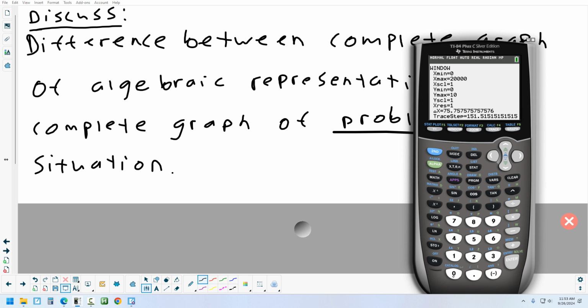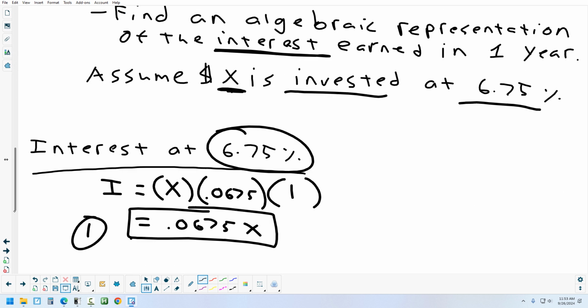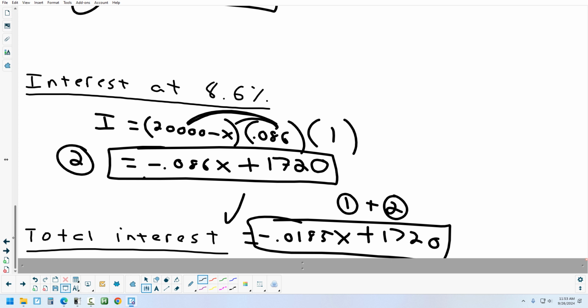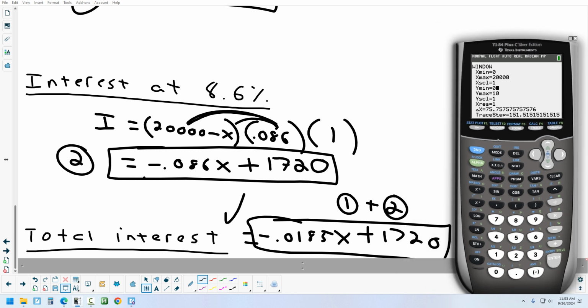And let's think about what's going to happen when we graph these equations. What's the y-intercept in the total interest formula? 1720. So when we start typing this in, we're going to have a y-intercept of 1720 and a slope of negative 0.01.